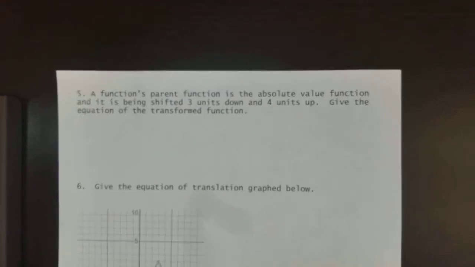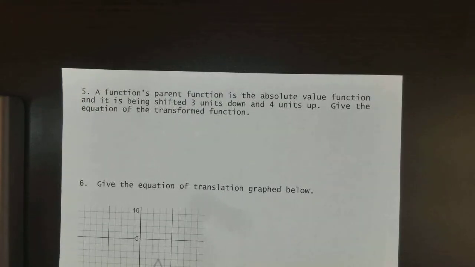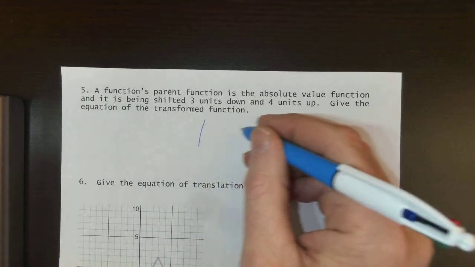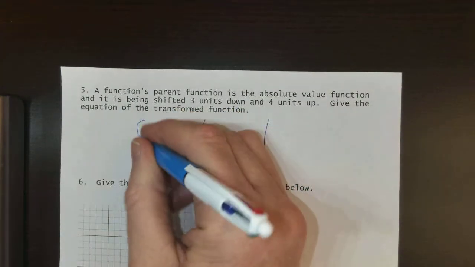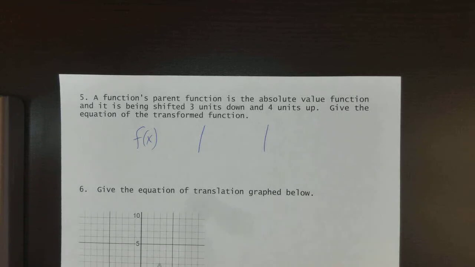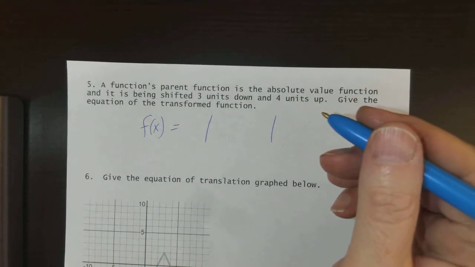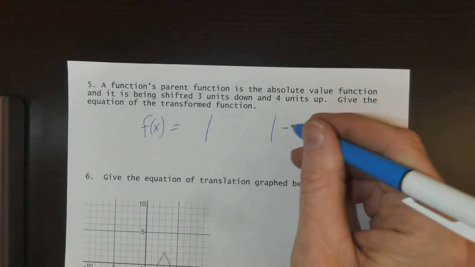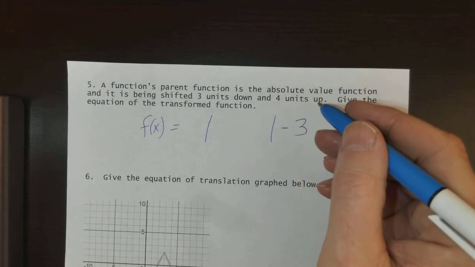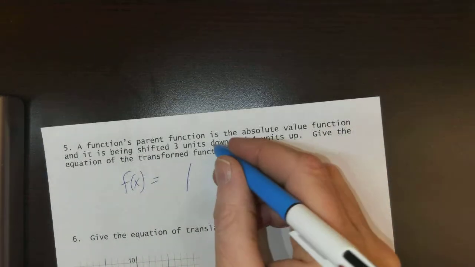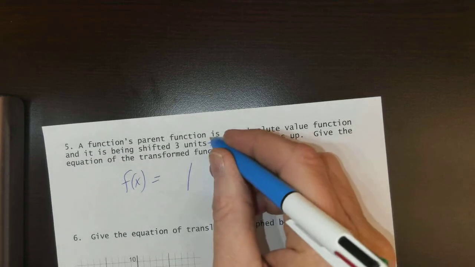Number 5, a function's parent function is the absolute value function, and it is being shifted 3 units down. So I'll put the negative 3 out here. Oh, crud. Okay, let's change that to 3 units right.